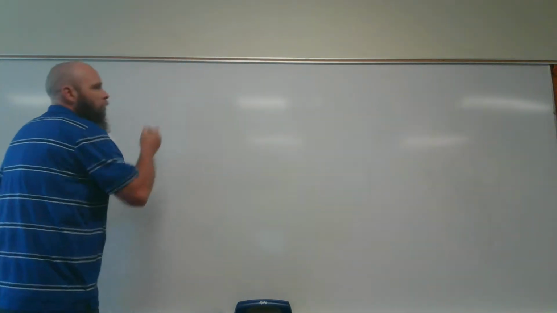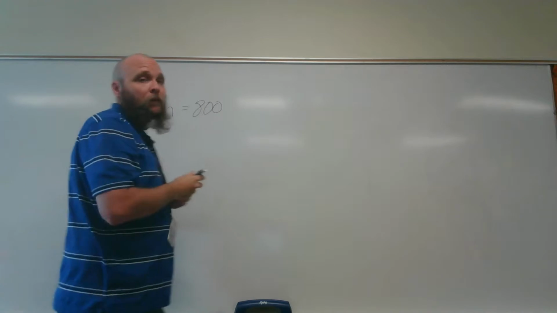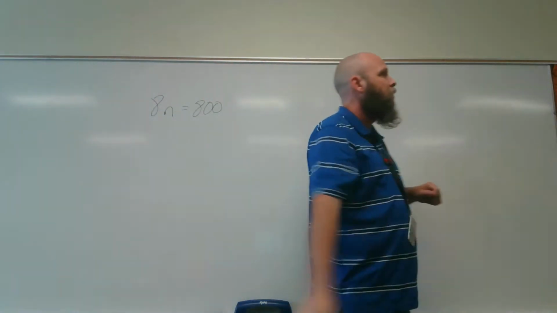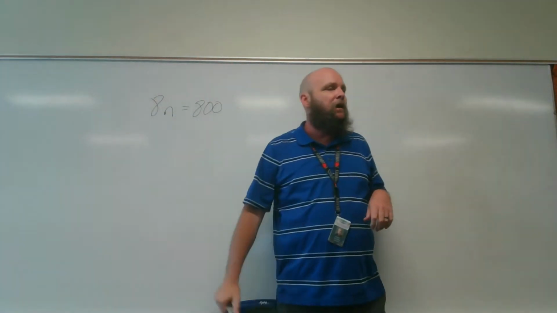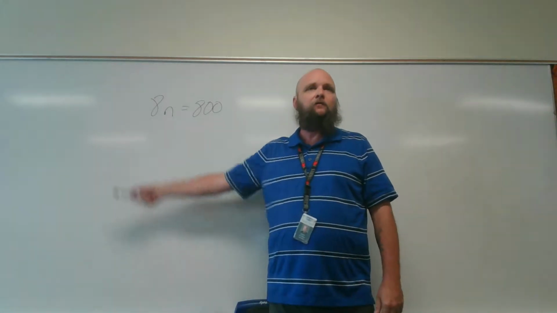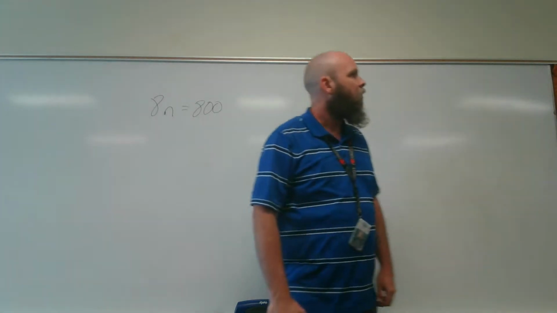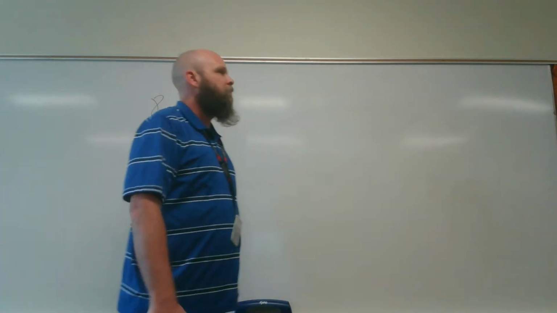First one I'm going to do, 8n equals 800. Now we did one of the problems like this on the last test we had. A number and a letter side by side means multiply. I know I'm filming this, so I don't have to teach tomorrow.